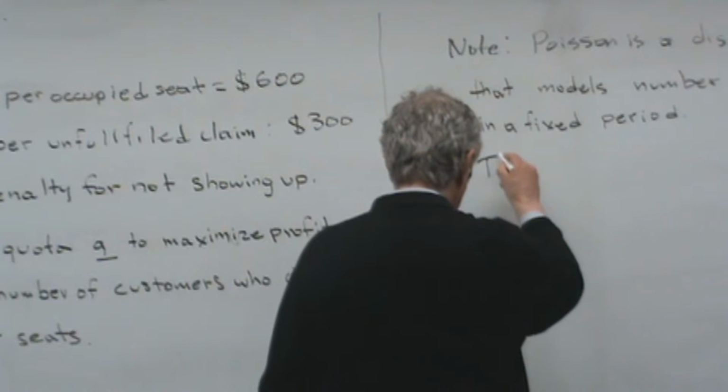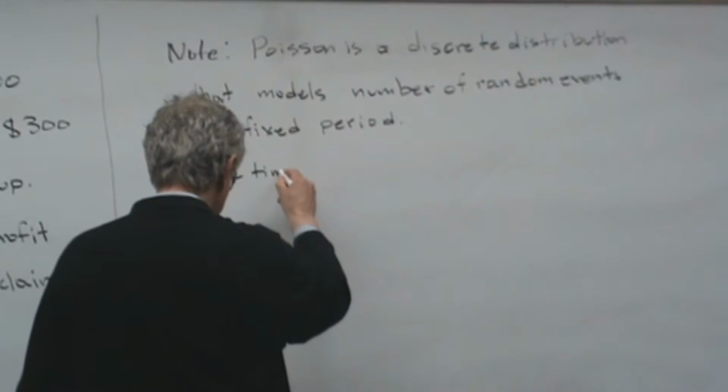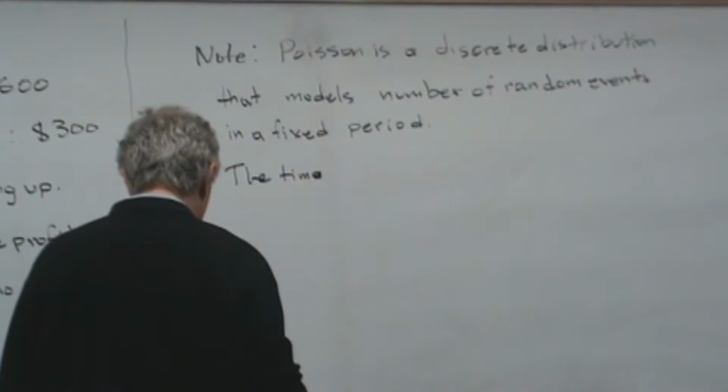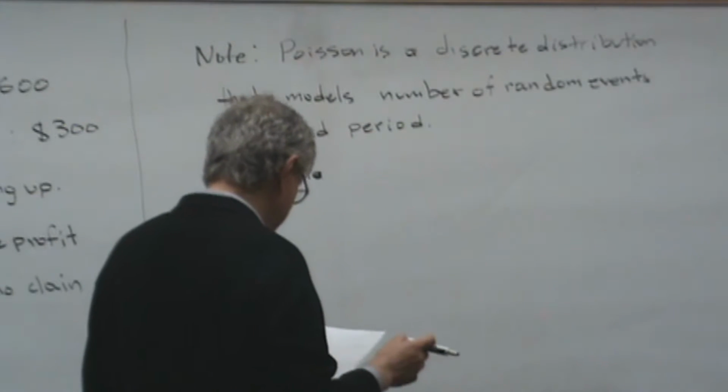This assumes that the time between successive events is exponentially distributed.